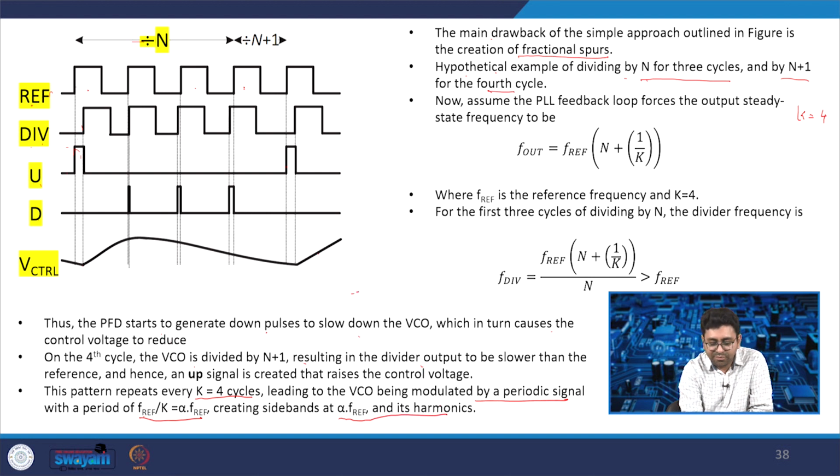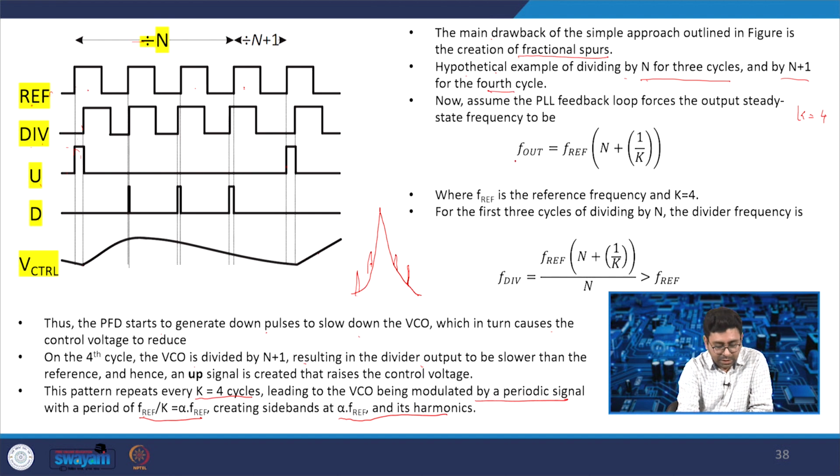In reality we want a clean signal, but a sideband is created, and that generates fractional spurs at alpha times f_reference.